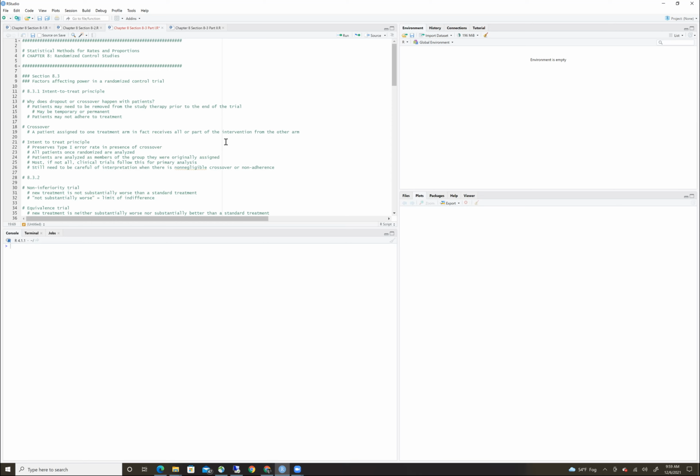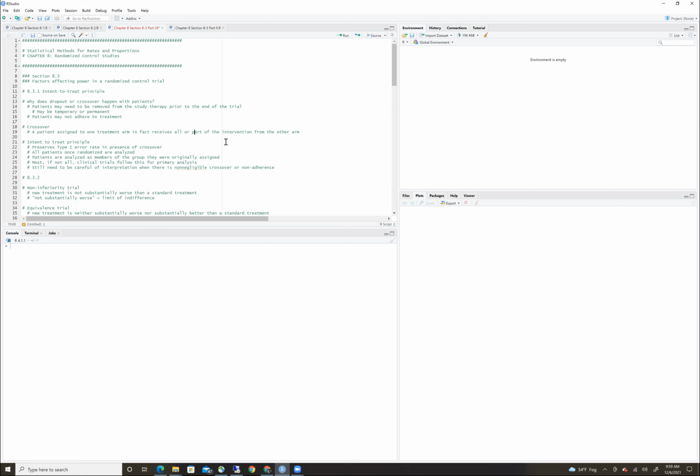So it's really important to understand that you'd be using this if you were working as a biostatistician. All right. If you have non-negligible crossover or non-adherence, you do need to be careful to interpret this, because if people are crossing over, you are looking at an effect of crossover. So you just need to be aware of that.